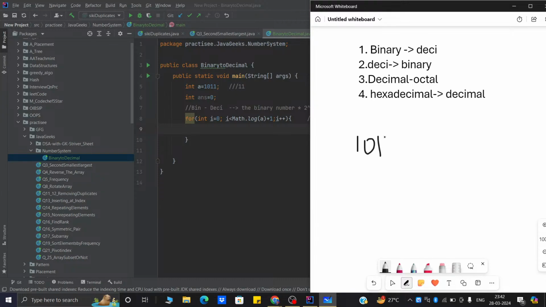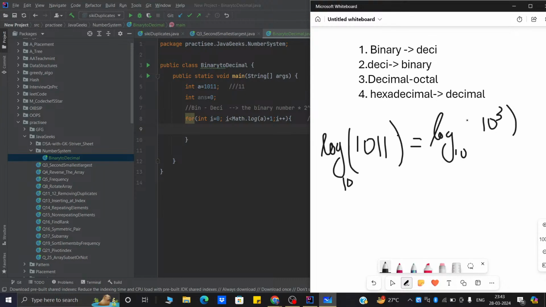1011. Okay, so can we write it? If we take log base 10 of this thing, what will it give? Then we have to take all the numbers as integer, right? So log of this thing, can we write it as log base 10 of 10 to the power 3 plus something?